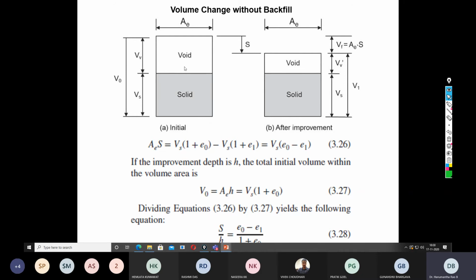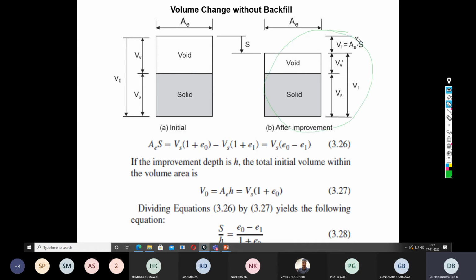Here we have taken a simple three-phase diagram. As we know, this is the volume of the solid and this is the volume of the void. If you look at the left diagram, this is AE, that is the zone of influence or the cross-sectional area of the vibro compaction, where you are inserting the vibratory probe. This is pre-compaction and this is post-compaction.